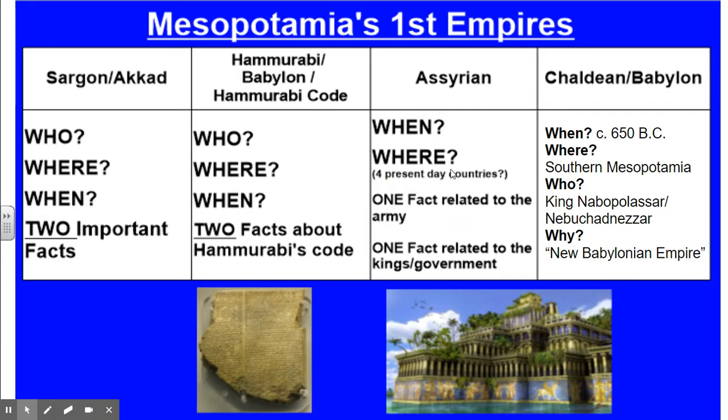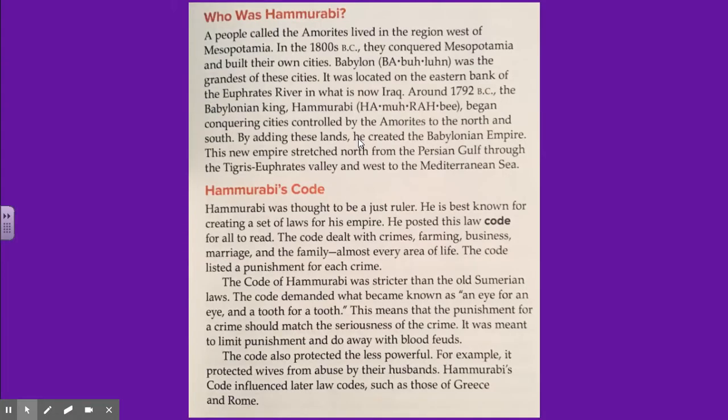All right, let's go with this grouping here. This was kind of a tricky one because you have Hammurabi, who is a person, you have Babylon, which is a place, and you have the Hammurabi Code, which is like a thing, it's a set of laws. So let's actually look at this one. The who, if you just put Hammurabi, well, again, that's not going to fly, but you have a pretty easy answer for this one because right here it says, who was Hammurabi?